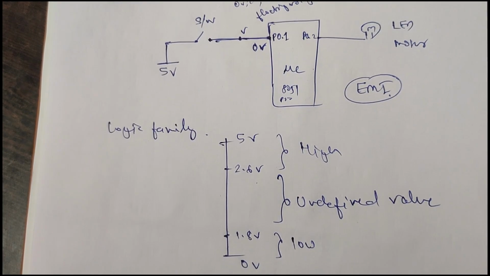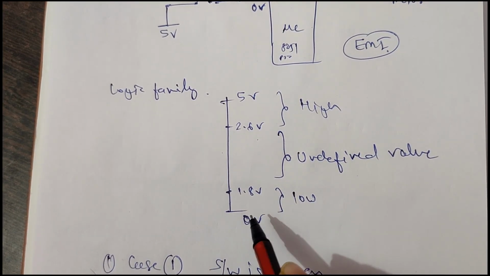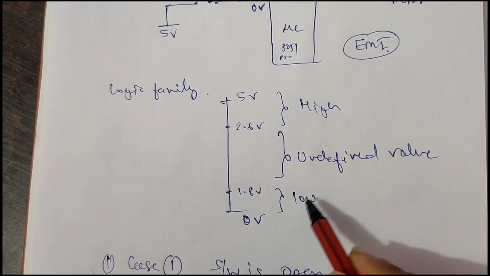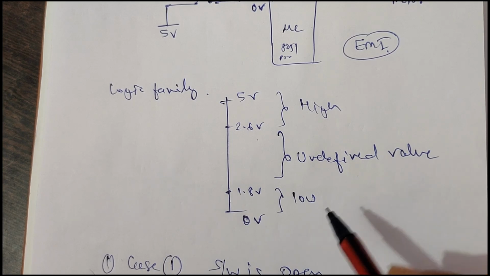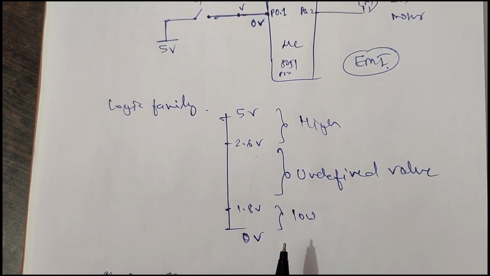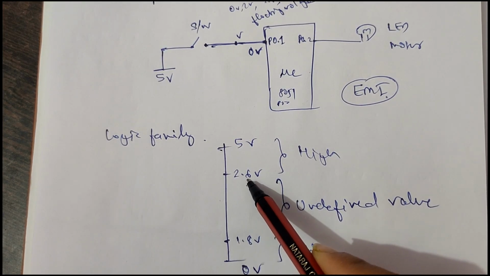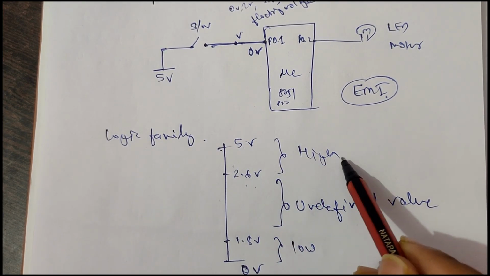So you can see how risky this can be. If I am getting 0 volt, no problem. Below 1.8 volt it is anyhow going to give me low, so there is no problem. But if that voltage is greater than 2.6 volt, or between 2.6 and 5 volt, I am getting logic high here.